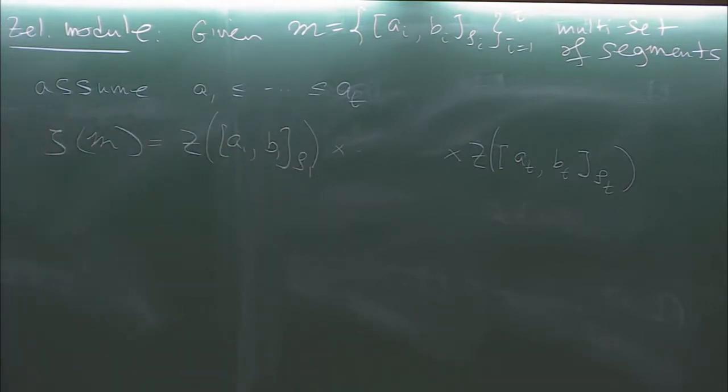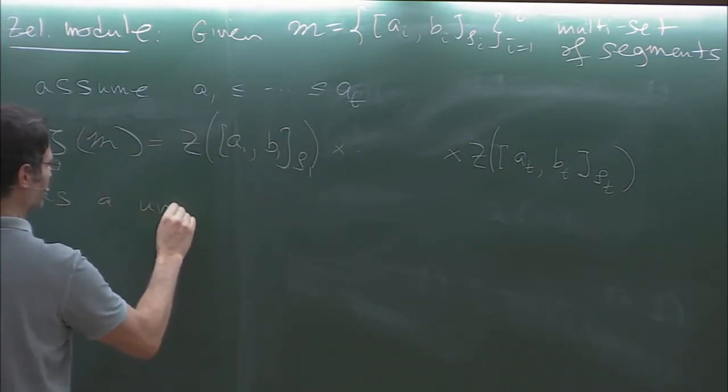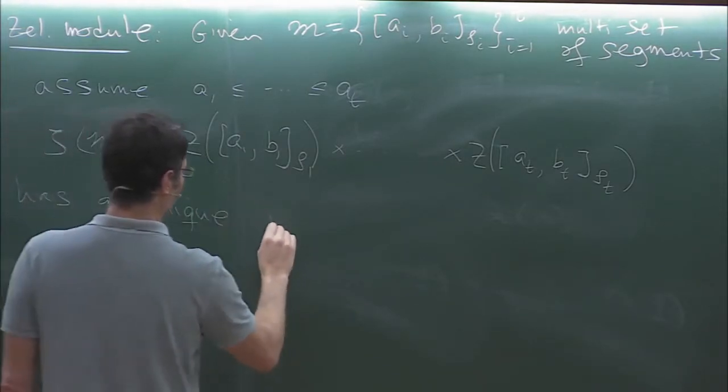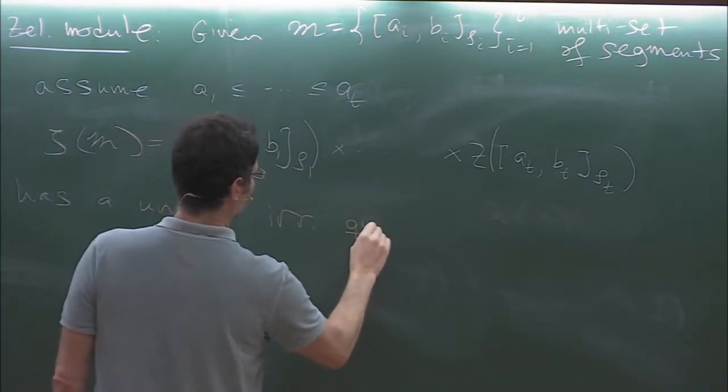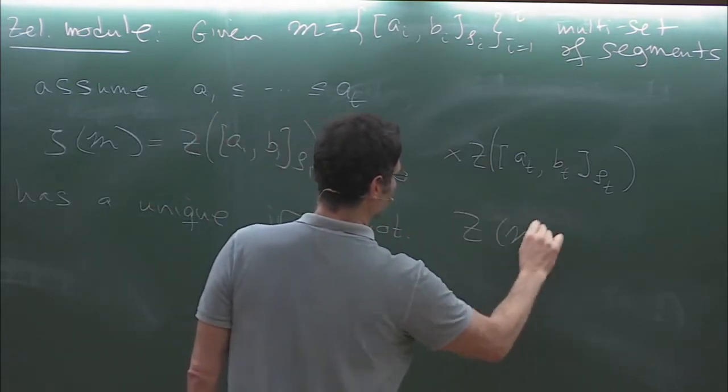So this representation has a unique irreducible quotient, and it is denoted by Z of the multiset.